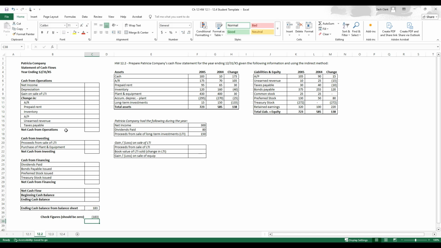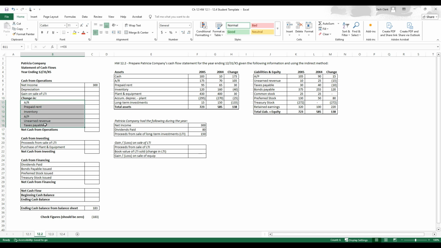Okay, now that that's set up, let's input our net income. It told us in the instructions that net income was 300. Now, we need to figure out some of these other items that are not directly told to us. I made a little change in this problem because we have so many categories.